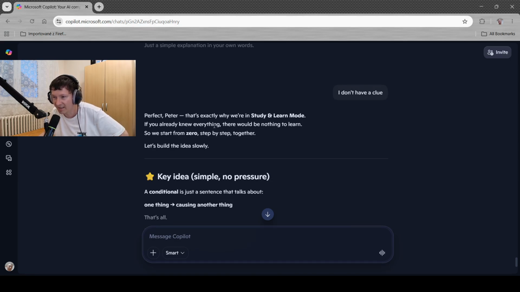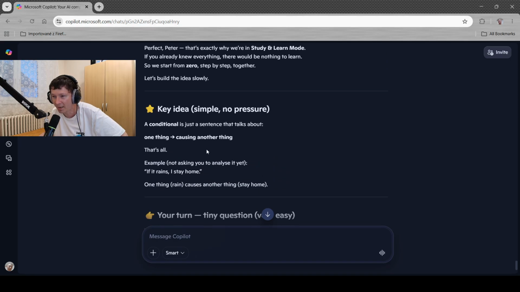Perfect, Peter. That's exactly why we're in study learn mode. If you already knew everything, there would be nothing to learn. So we start from zero, step by step together. Let's build the idea slowly. Key idea, simple, no pressure. A conditional is just a sentence that talks about one thing causing another thing.